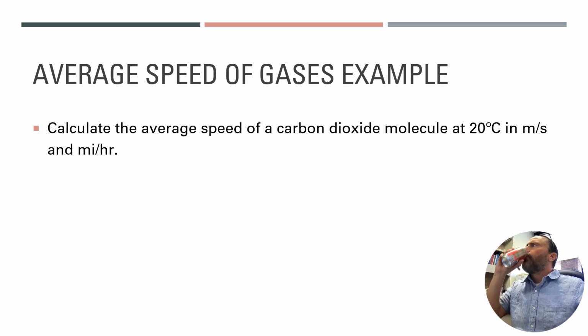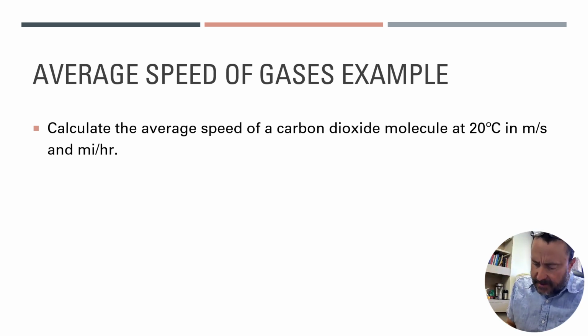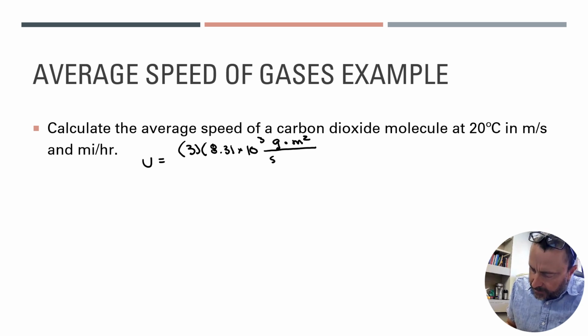All right, so in order to calculate this, our u is equal to 3 times our R, 8.31 times 10 to the third grams times meters squared over seconds squared times moles times Kelvin. Oh boy, that's a lot.